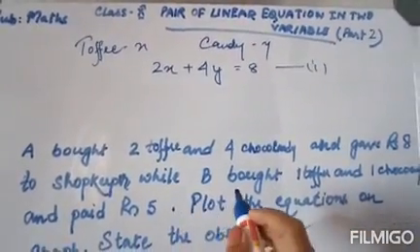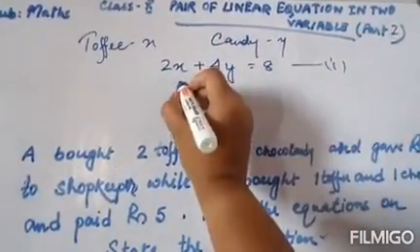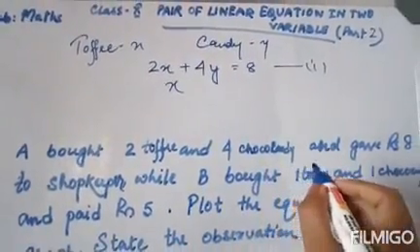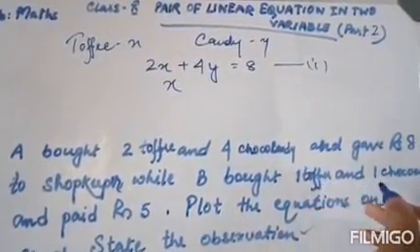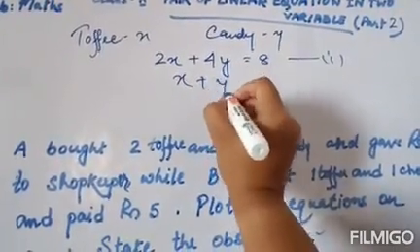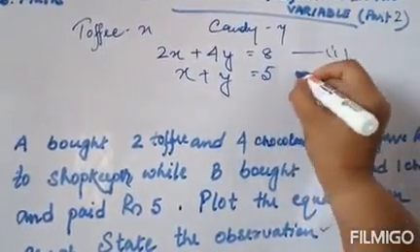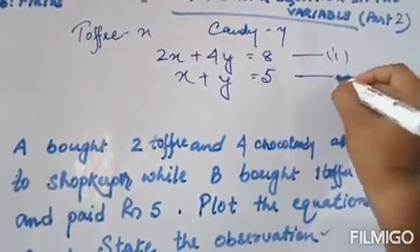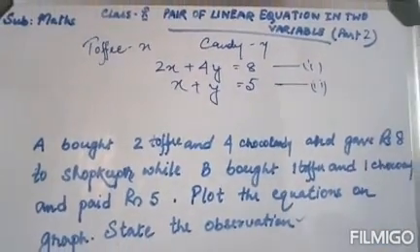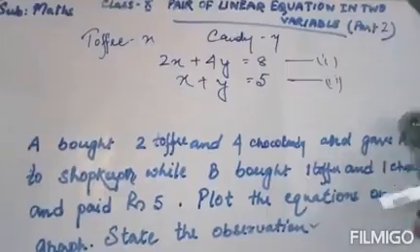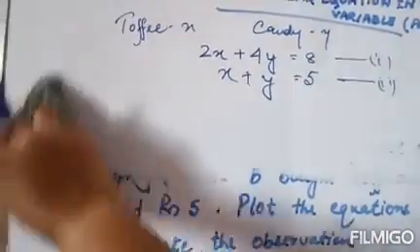And what is the second equation? That is 1 toffee, which means x, and 1 candy, which means y, equal to 5, correct? It is our second equation. I am erasing this part as we do not need it.